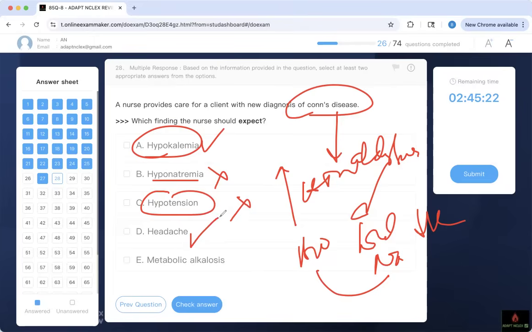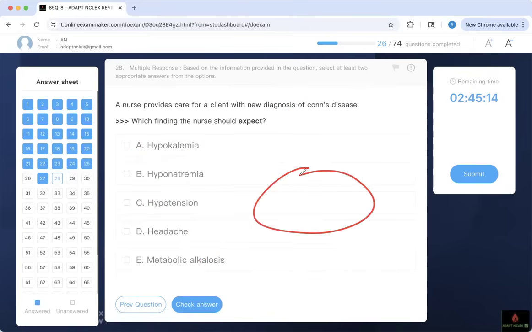You're going to have headache. Yes. And you're going to have metabolic alkalosis. I got to explain that to you. If this is your cell, and then you lower your potassium, you push all your potassium inside the cell, your body wants to get back the potassium. So you push potassium out of the cell, and you got to replace it with acid.